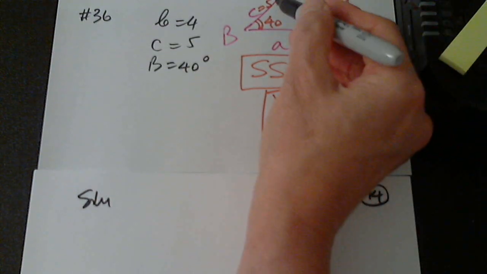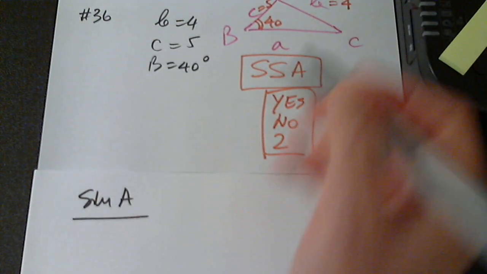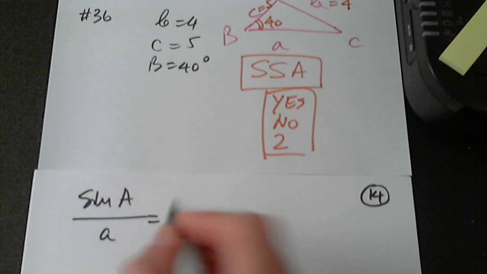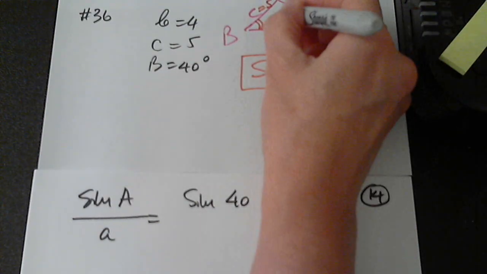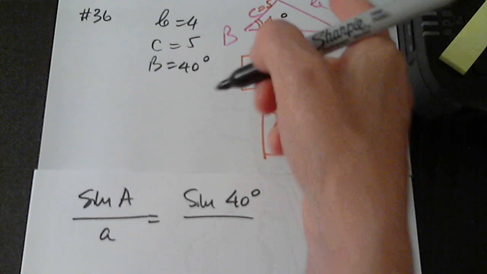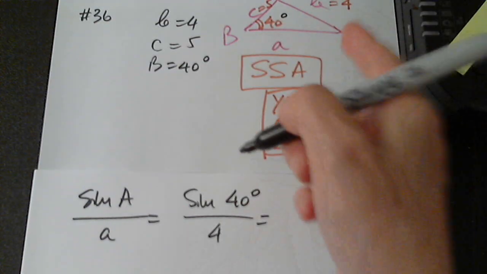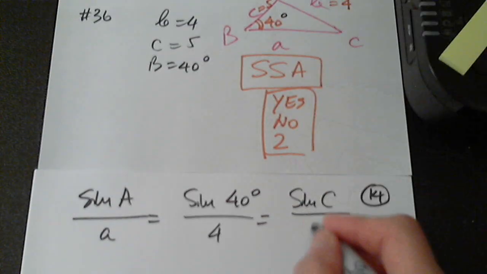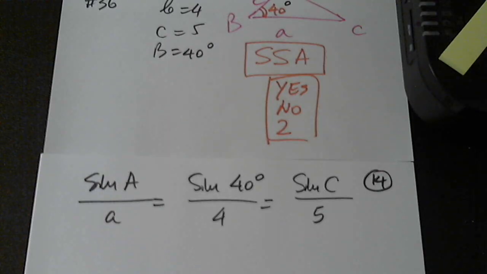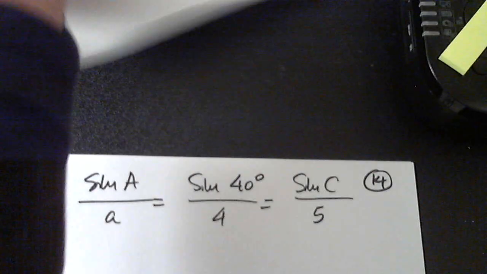Sine A over a, I don't have it, equals sine B, 40 degrees, over 4, equals sine C over 5.